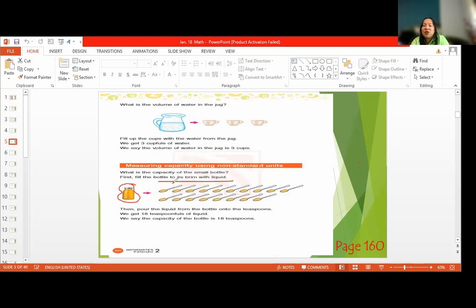Lately we measured volume, now it's different. We put water inside the bottle until it becomes full, because we are finding the capacity. So how many spoons will we put in to make it full?